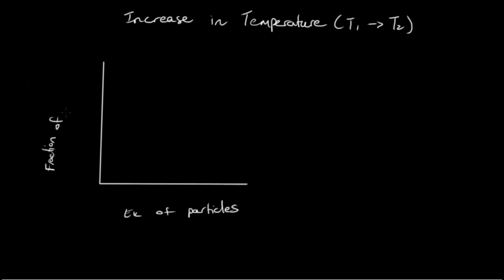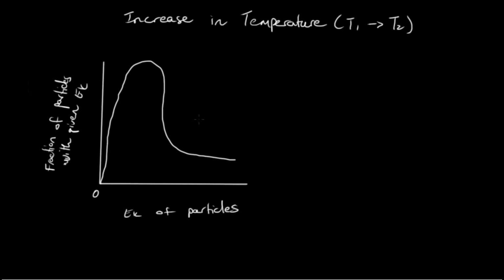Fraction of particles or molecules with given EK. Kinetic energy. So if we have our original one, of course we have 0. So our original one going up like that.